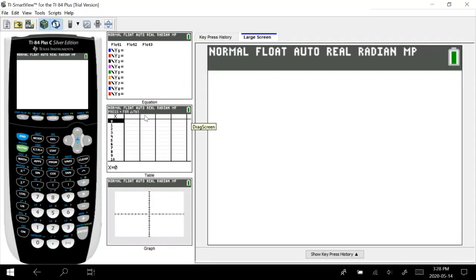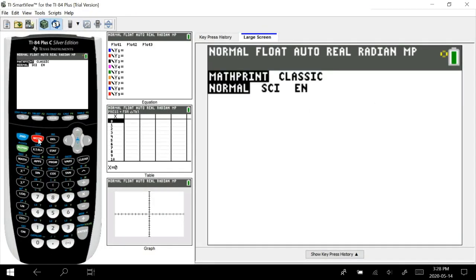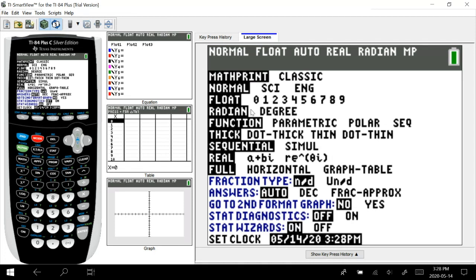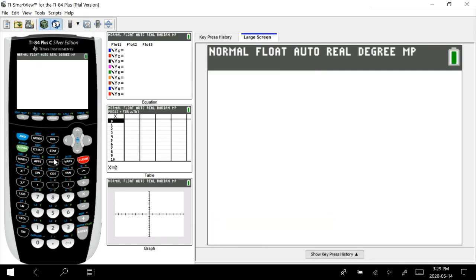Maybe before you do that, make sure that your calculator is on degree mode. So if you have a TI graphing calculator, you want to hit the mode button right here, and you want to make sure that you go over to degree mode. I'm going to scroll down, go over to degree, hit enter, and then we can just hit clear to go back. So to find the inverse tangent function, you can see here we have just the regular tangent.